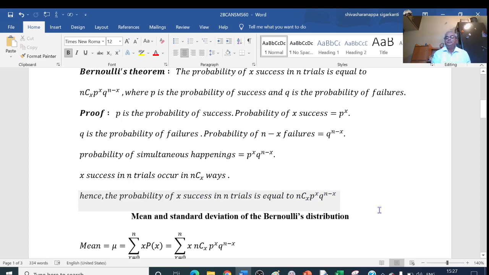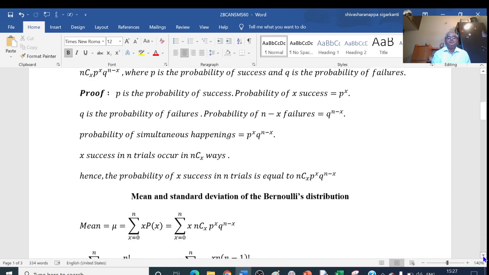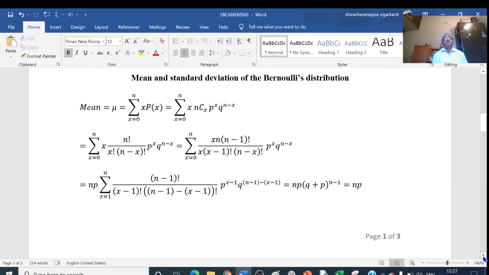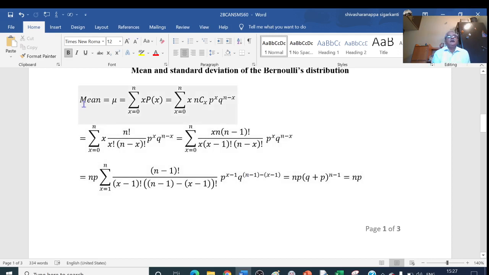Now we find the mean and standard deviation of the Bernoulli distribution. Here mean is defined as mean equal to mu equal to sigma x from 0 to n of x into p of x. This is our definition of mean. This is equal to sigma x from 0 to n of x into p of x, which is given by nCx p raised to x into q to the power of n minus x.